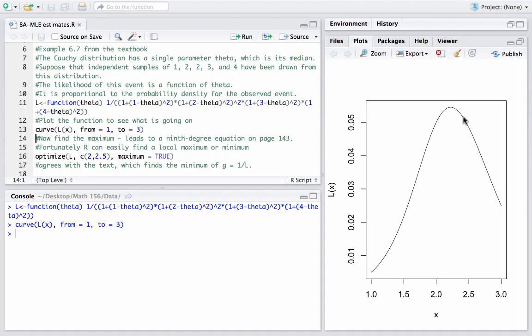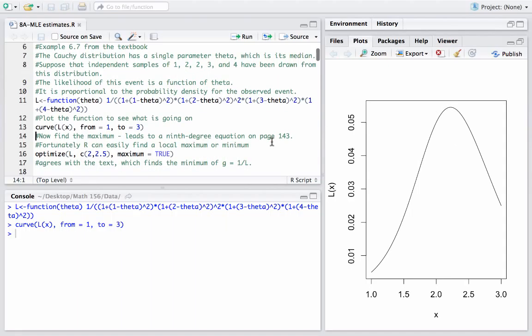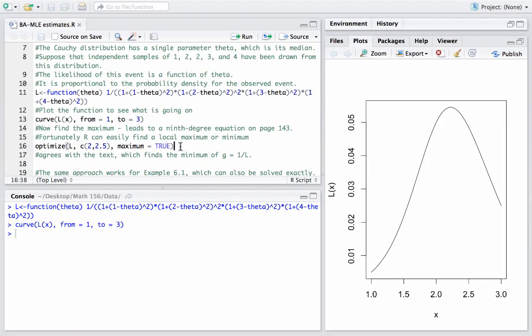And then our best possible guess for theta is going to be the value that maximizes the probability of observing our data. We can see by looking that it's basically in the neighborhood of 2 to 2.5, and R will gladly tell us exactly what it is using its optimize function. This function is a shade more complicated than functions we've seen in the past. If you pull up its help file, you'll see all kinds of documentation about its features and how to use it.